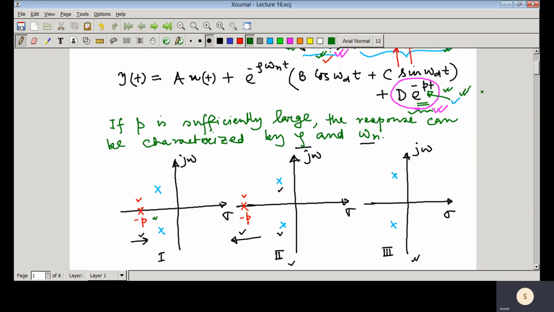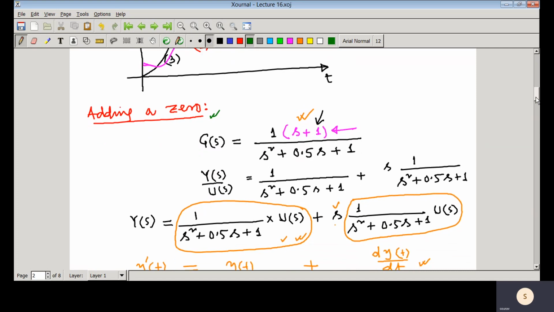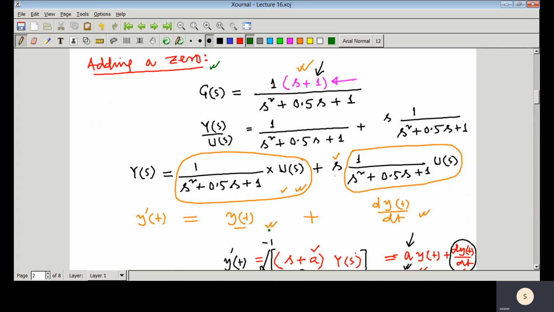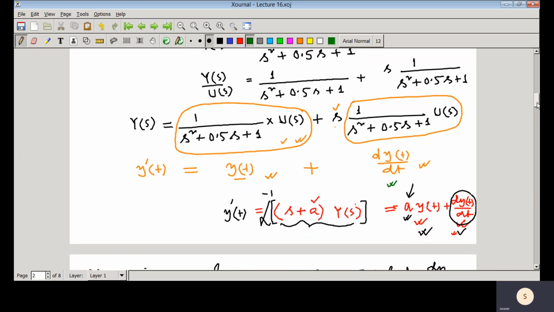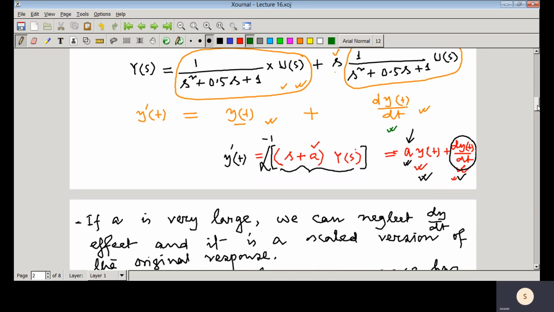That is also clear from here, because this particular term will die out very quickly. And when we add a 0, one extra term appears, that is the derivative of the output, and as the derivative of output is typically positive when the system starts, it has some effect.